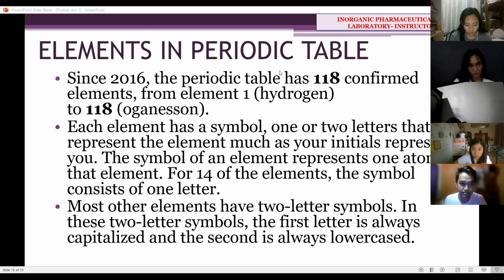Pareha sa hydrogen, isa lang iyahang letter nga symbol, H lang. The same thing with boron, B. Potassium is K. Tungsten is W. But all in all, we have 14 elements na 1 letter ang symbol. The rest kay 2 letters.